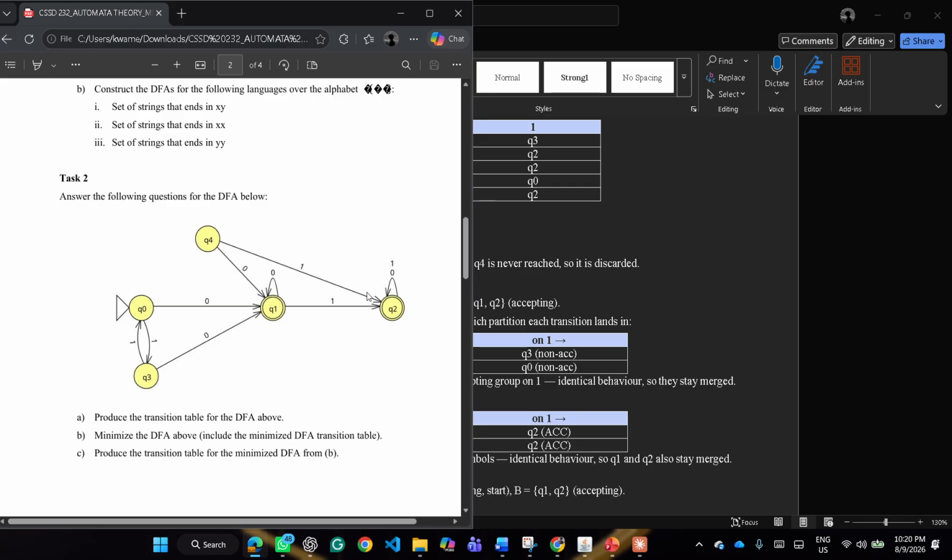That's why we can't reach Q4. There's no path getting to that destination. That is why we take it away from the diagram to minimize it and get a closed diagram of the DFA. So we say that Q4 will be discarded. We will delete Q4 in this diagram.